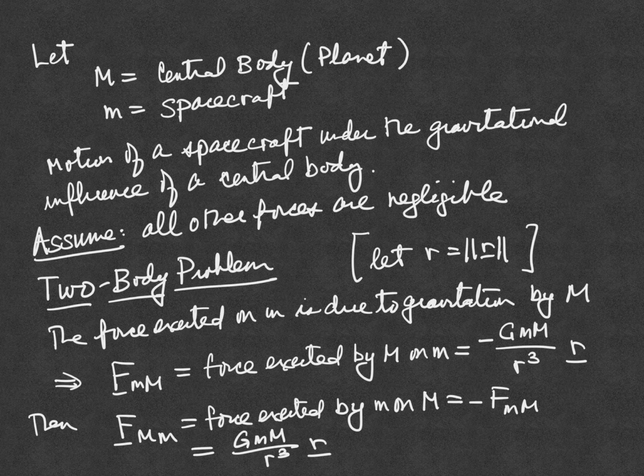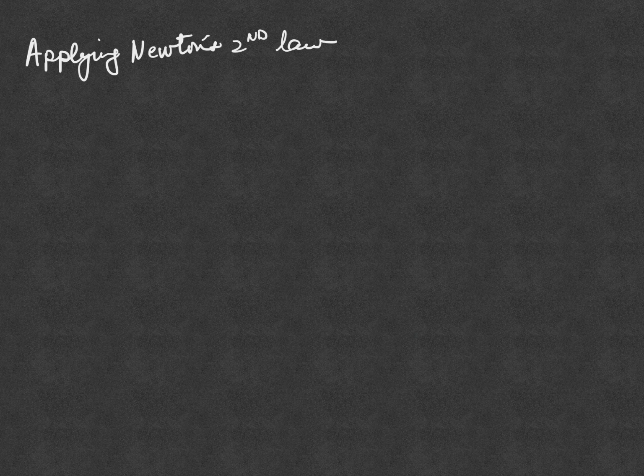And because these are the only two bodies in the system and there are no other forces, we can now apply Newton's second law to each body. So applying Newton's second law to little m, we have that the force exerted on little m has to equal the mass times the acceleration in the inertial frame of little m.